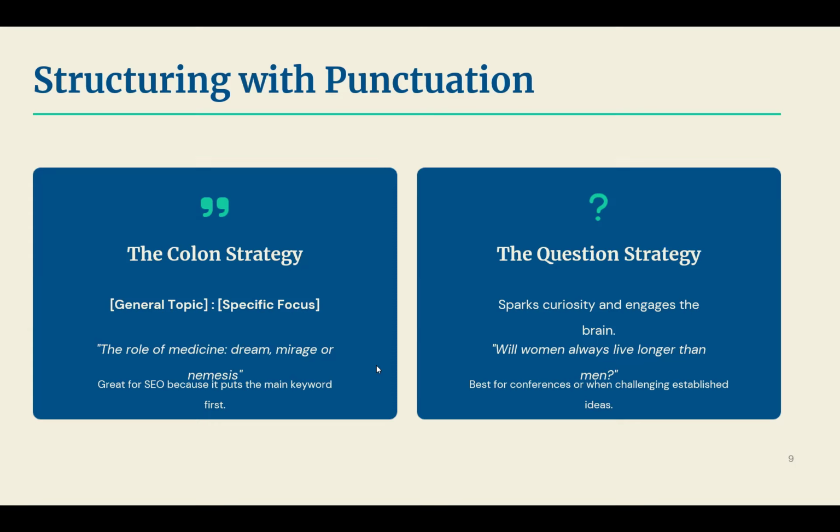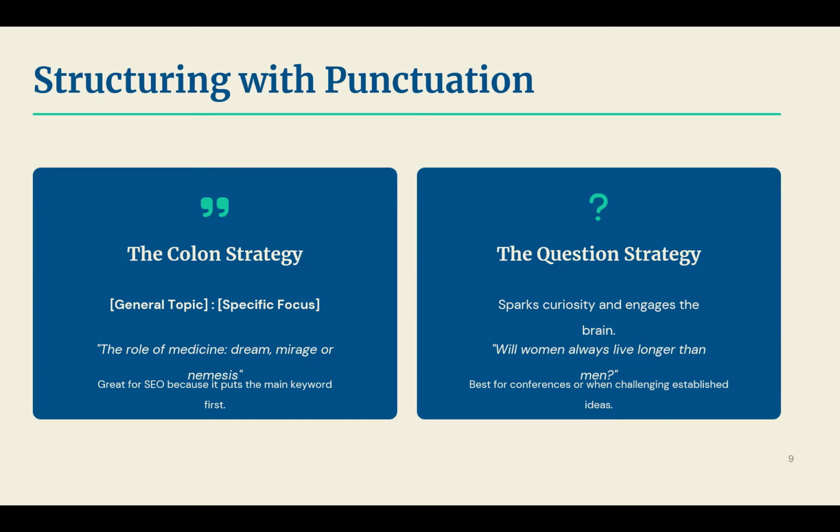The first thing is the colon strategy. In the colon strategy, we use a colon to create a connection between the general topic and the specific focus. So we locate the general topic at the beginning, and then with a colon, we bring in the light of the specific focus.